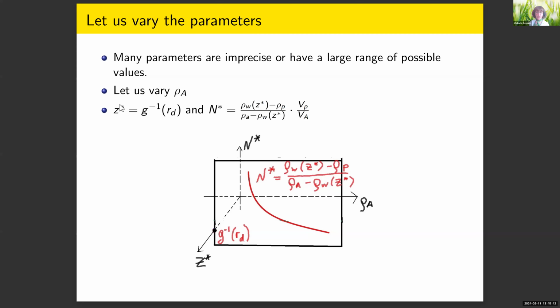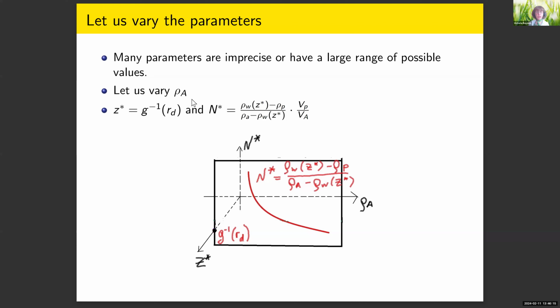And now we can try to see what happens if we change parameters, if we perturb parameters. For the parameters of such systems, there is a very wide range of possible values. They depend on the geographic location, so they depend on many different factors. And it is important to consider stability with respect to perturbed parameters.